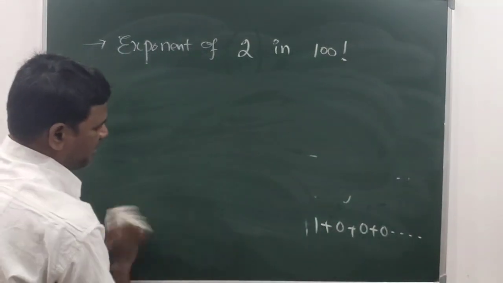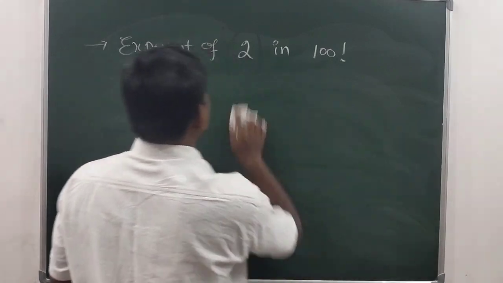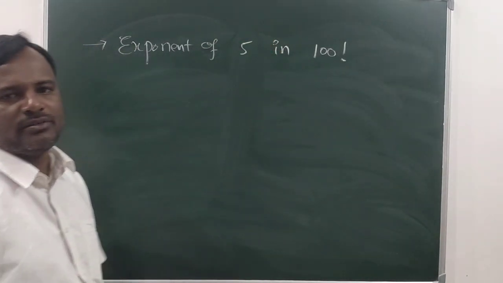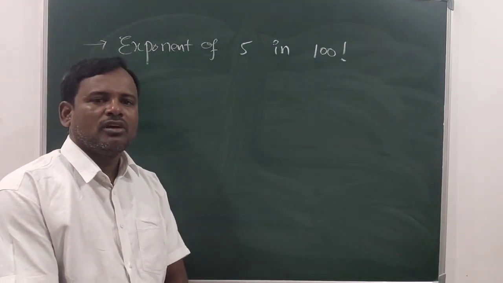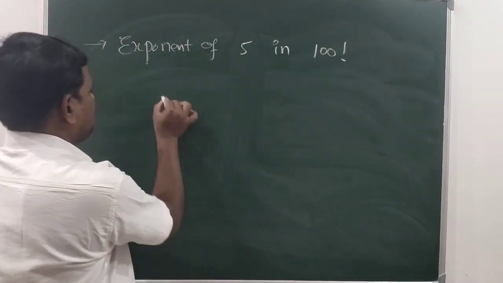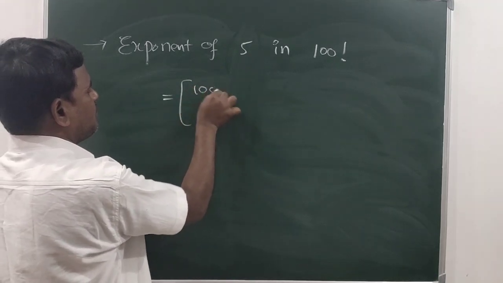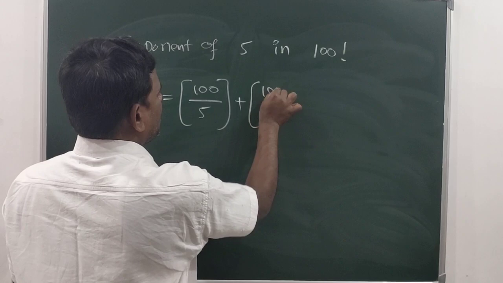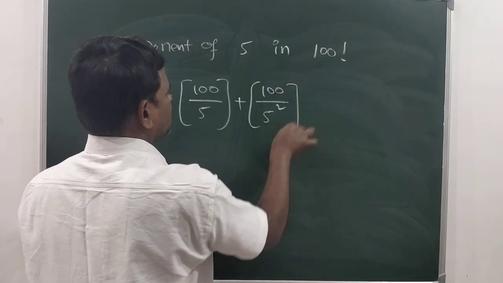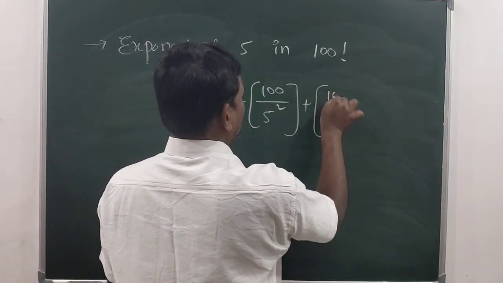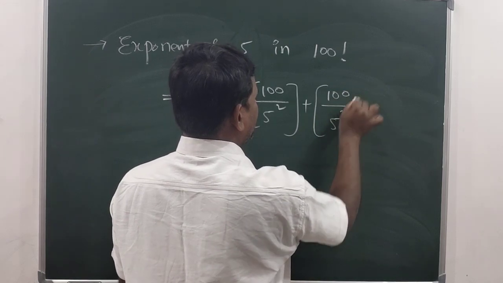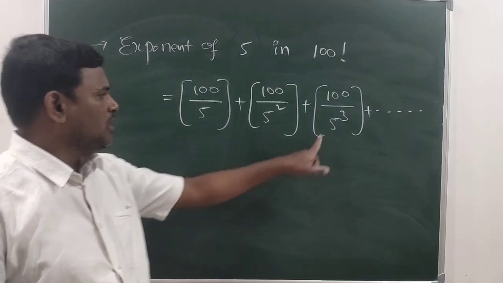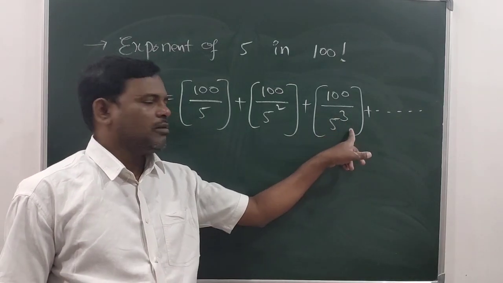Exponent of 5 in 100 factorial. Same as the previous one. See here: 100 by 5 plus 100 by 5 square plus 100 by 5 cube. Here itself you have to stop, because the denominator gives a proper fraction.